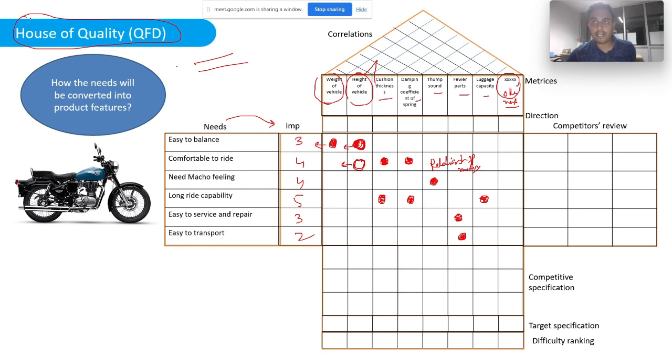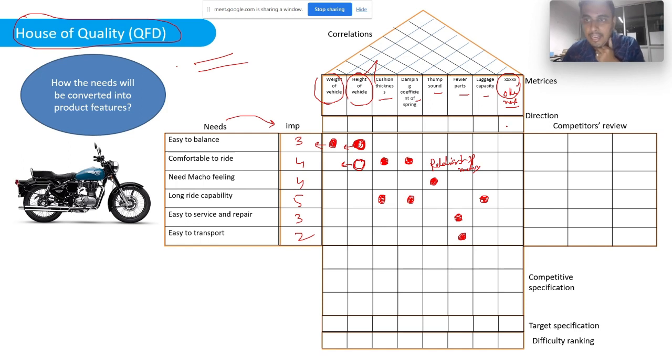Then we collected the value from Royal Enfield, and put it at the end as our ideal value. All those analyses will be easier if we follow this quality function deployment tool, which is called the house of quality. What is the function of this direction and the other specifications, the metric values which are given here, that is, the direction and competitive specification?